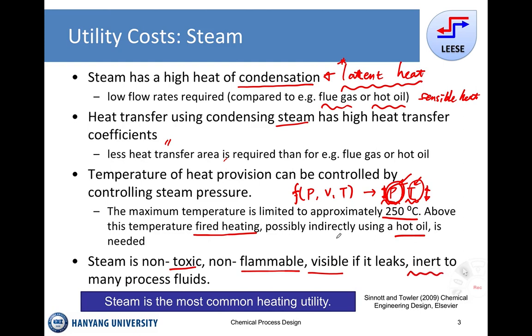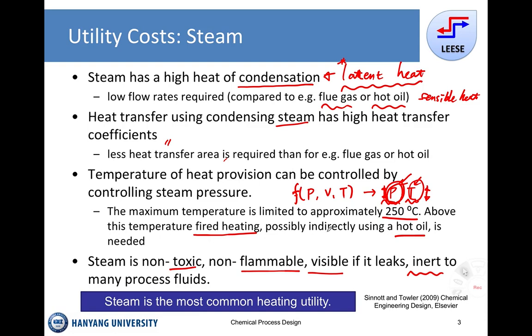Inert means you may need some additional component in the process, but that component is not involved in the reaction or separation. Sometimes we need that kind of component for the sake of operation or improving safety. Then the steam might be introduced into the process, to the reactor, for example.